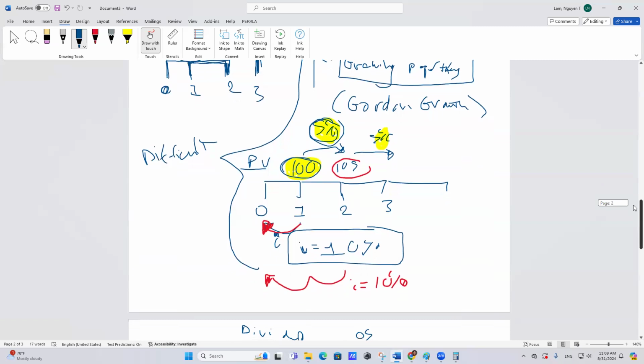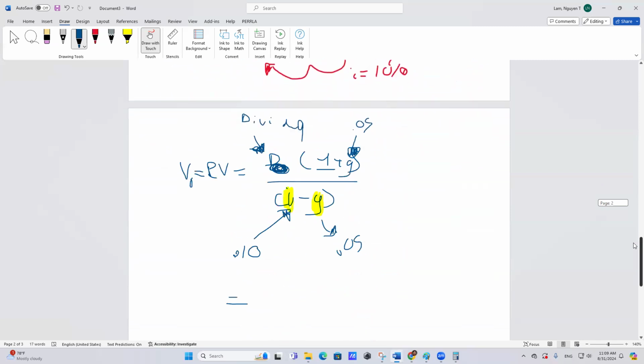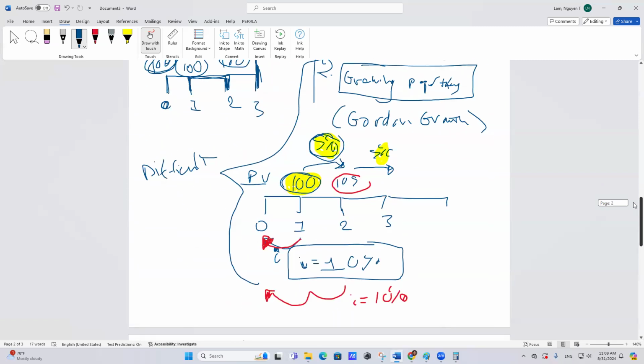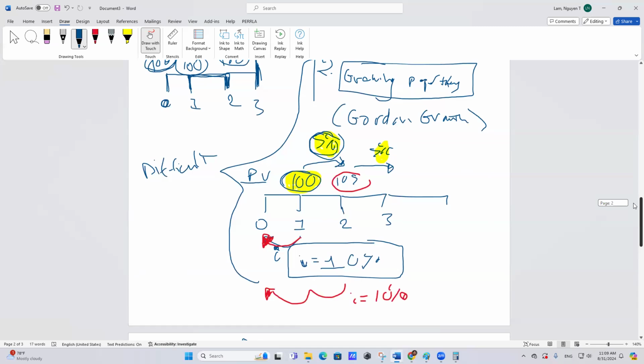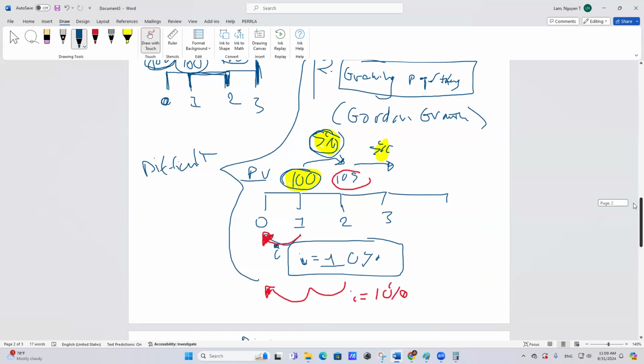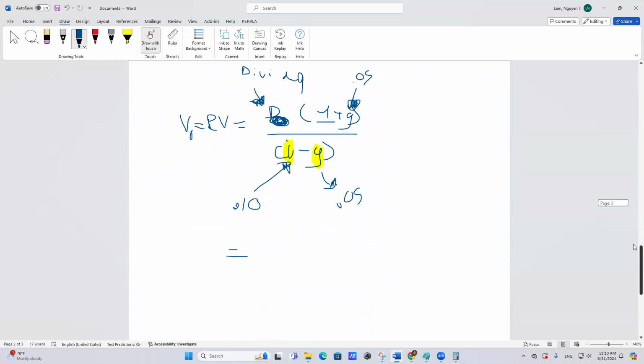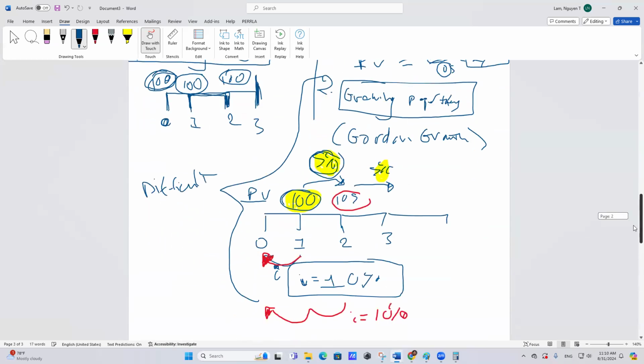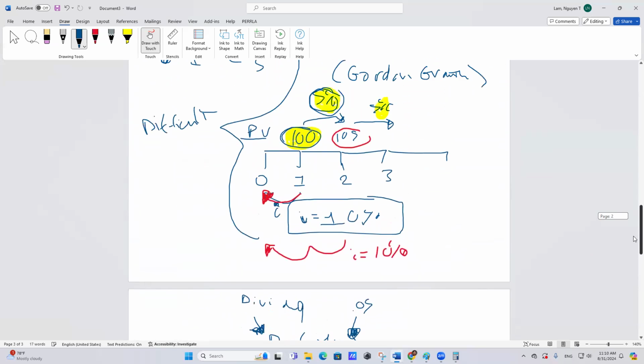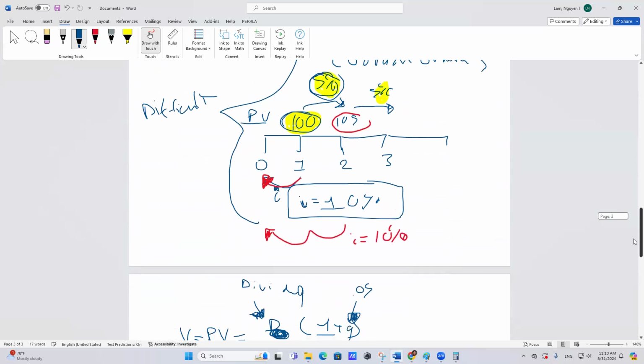Okay, so D0 is the first payment, like I said, that hasn't experienced the growth yet.